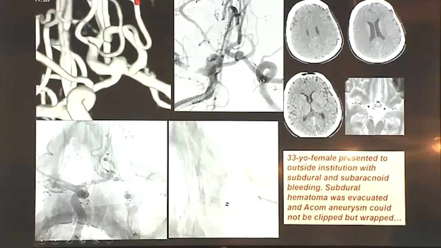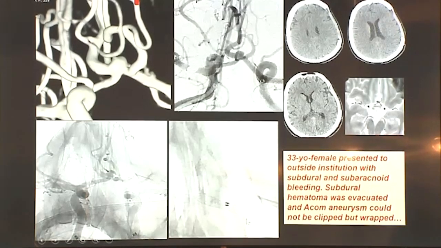This time, it was a real ACoM aneurysm. Both A1, A2s are similar in dimension. This patient had previous subdural and subarachnoid bleeding, had an operation, but they could not clip the ACoM aneurysm, only wrapped.